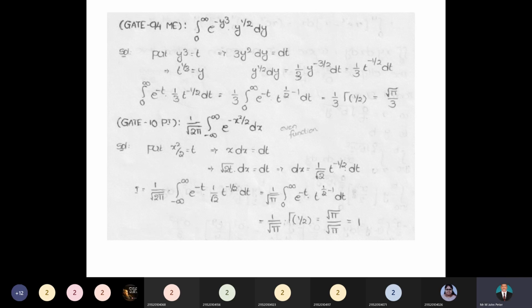3y square dy is equal to dt. Y cube differentiated is 3y square dy, that's equal to dt. Then we can replace y by t power 1 by 3. That means y cube is equal to t, take the cube to the other side, we have to take the cube root. So y is replaced by the cube root of t.